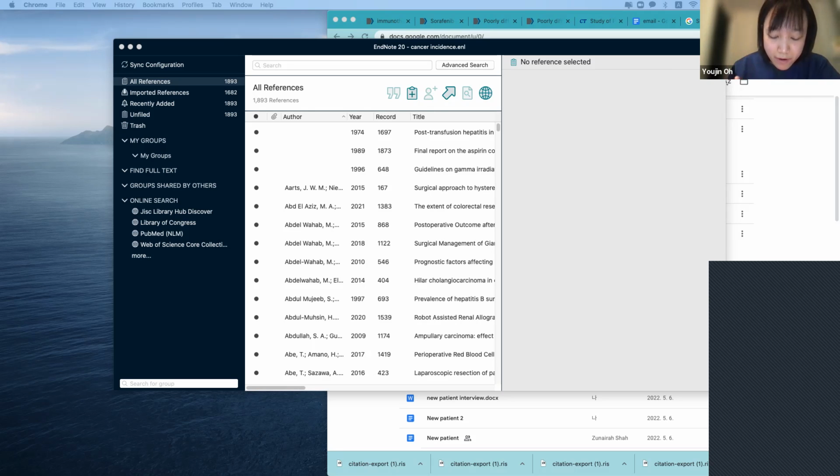So they made their question very specific. They selected the recipients who received blood only from donors who had been diagnosed with cancer within 5 years of donation. That's one of the reasons why they ended up with this small number. And there was no excess risk of cancer after adjusting for all the possible confounders.